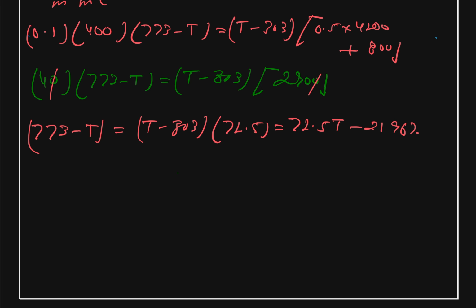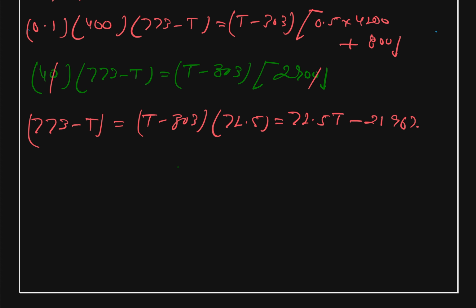So we get 73.5 times T is equal to, plus 773, which will be 22,740.